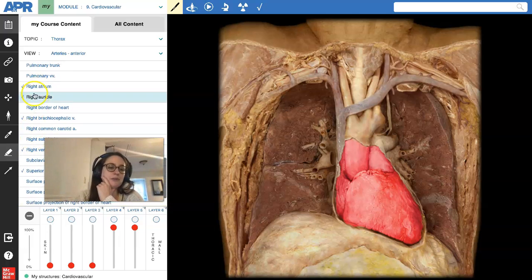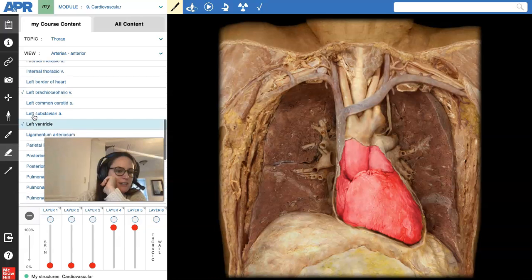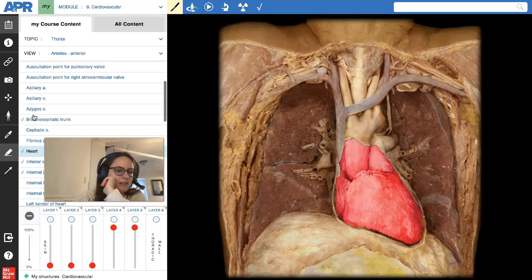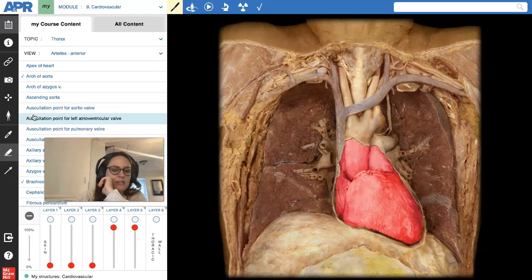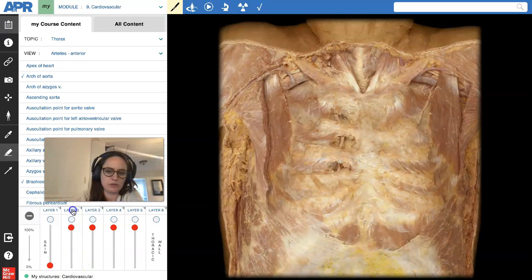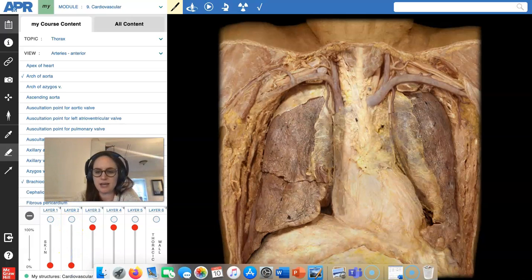Okay. So I went through these earlier so that I would have an easier time finding everything that I could from this view. It looks like we're in cardiovascular, not respiratory, so we're not going to be able to highlight pleura from this view. That's my bad. Okay, so let's go back to dissecting one layer at a time.